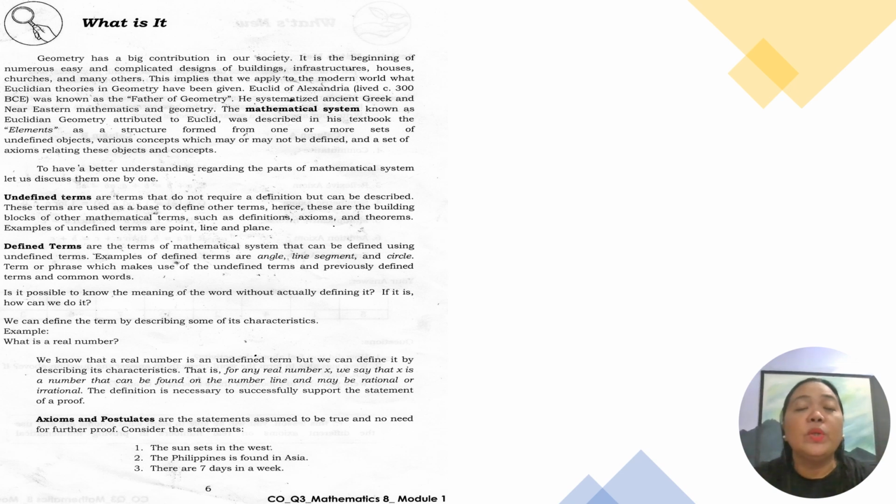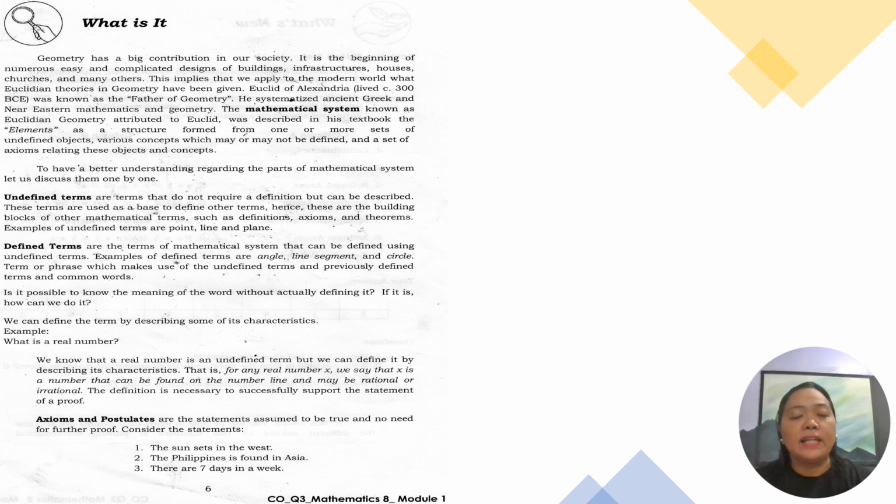Euclid of Alexandria, who lived in 300 before Christ, was known to be the father of geometry. He systematized the ancient Greek and Near Eastern mathematics and geometry. The mathematical system known as Euclidean geometry is attributed to Euclid. Thus, Euclid is also known as the father of Euclidean geometry.